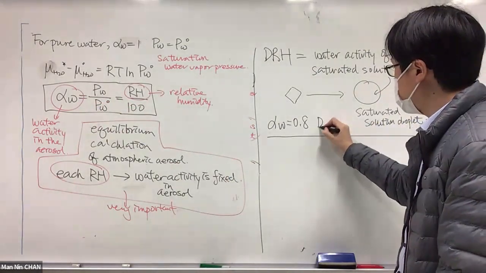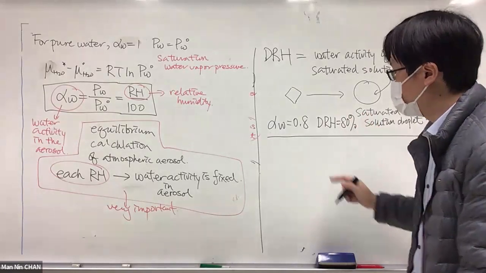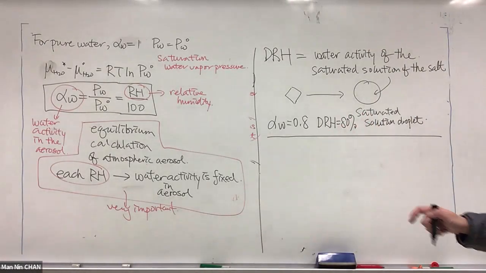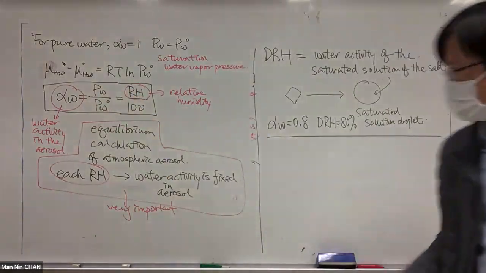That means the DRH of your salt will be 80% RH. So this is how you link these two together.